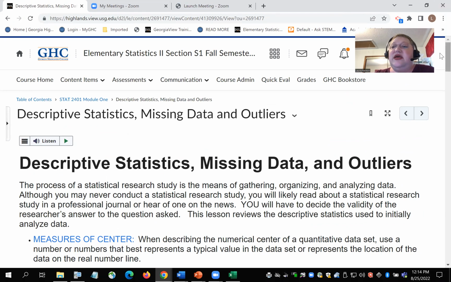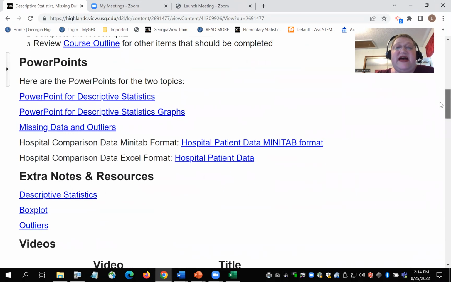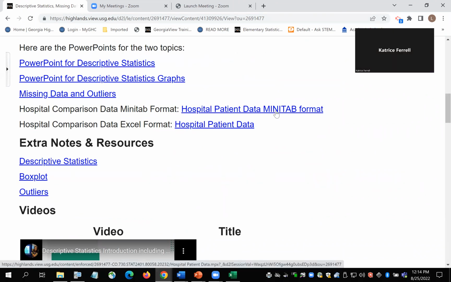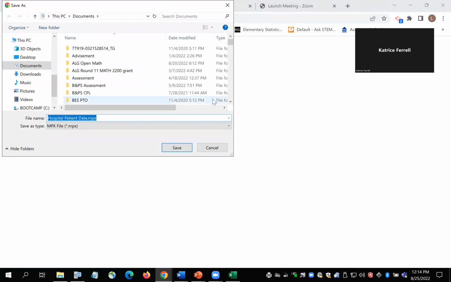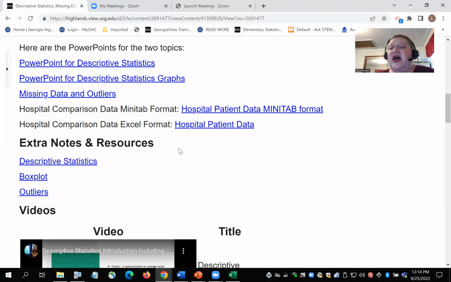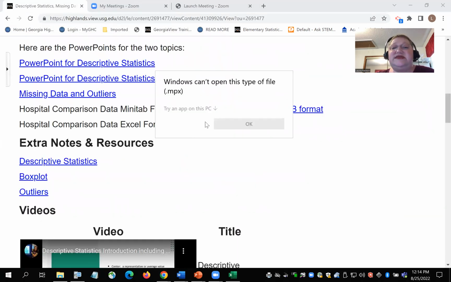I'm going to click on it and save it on my desktop, but I'm just going to save it. I am not going to try to open it. See, it gives me this error. It's okay. I'm not going to worry about the error. So I don't want to open it on that PC.